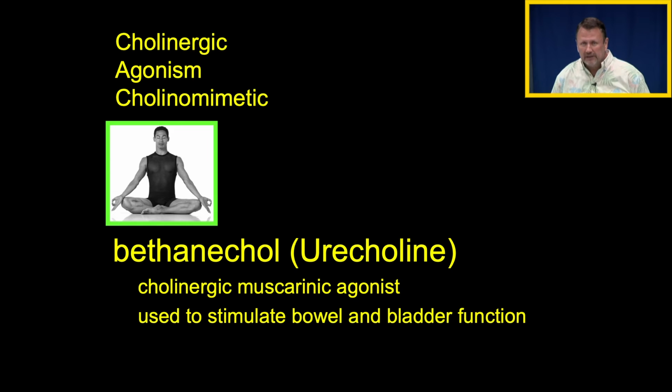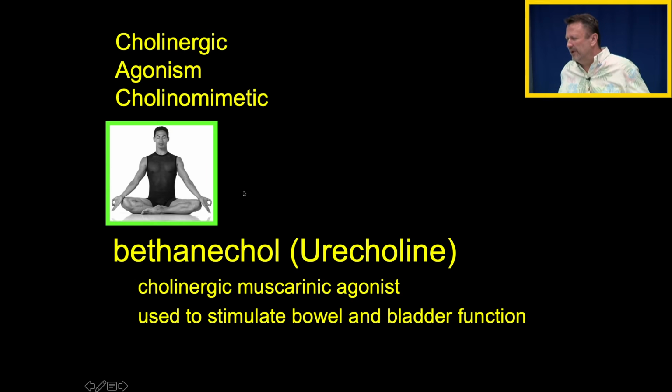That being said, we can use medications as well. I don't think I ever used a medication to stimulate somebody's bowel or bladder function, but this is what bethanechol is. It acts like acetylcholine on the muscarinic receptors, increasing the parasympathetic nervous system response.